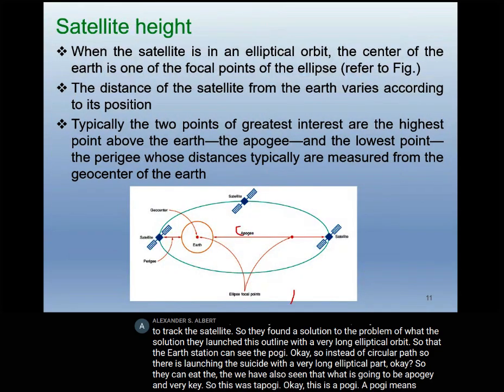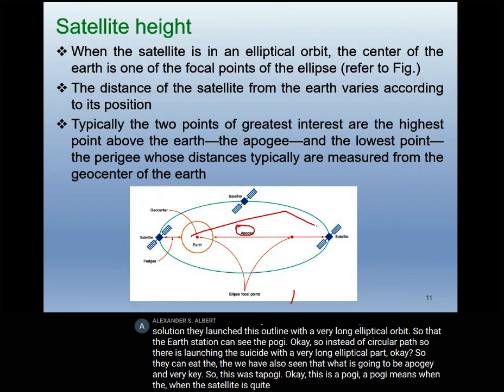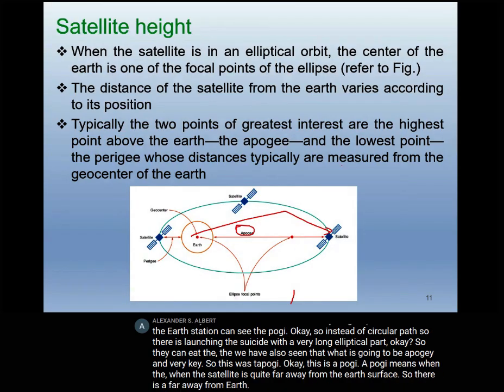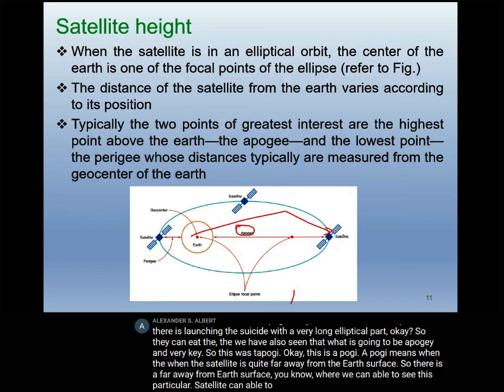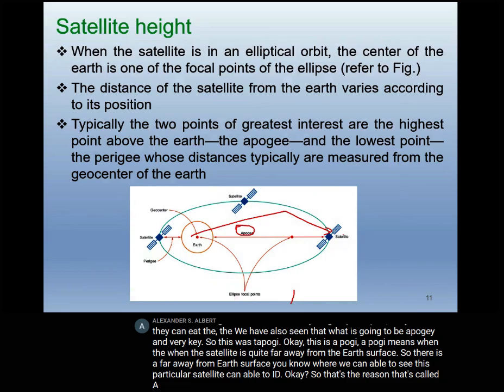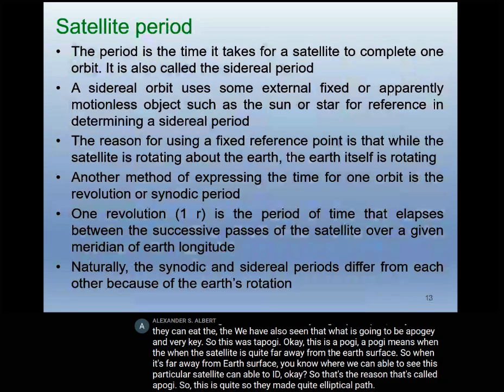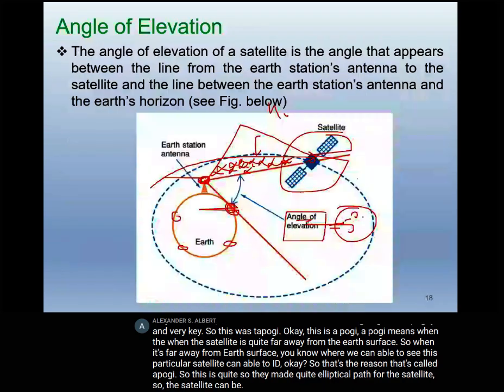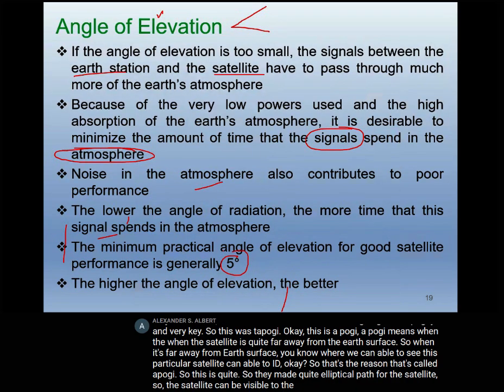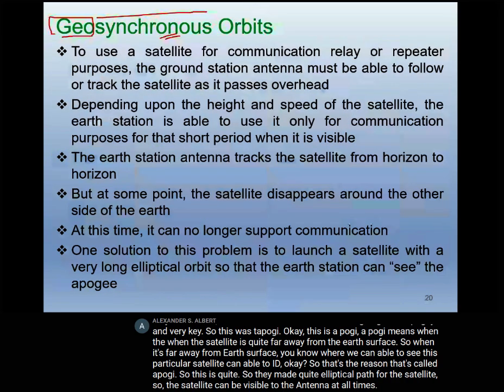Apogee means when the satellite is quite far away from the Earth's surface, where the satellite can be hiding. So they made quite an elliptical path for the satellite so that the satellite can be visible to the antenna at all times.